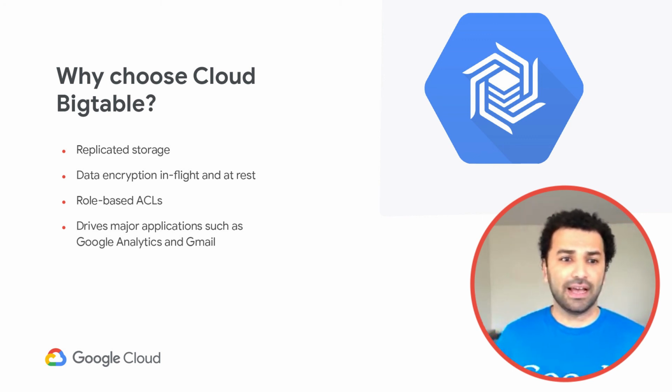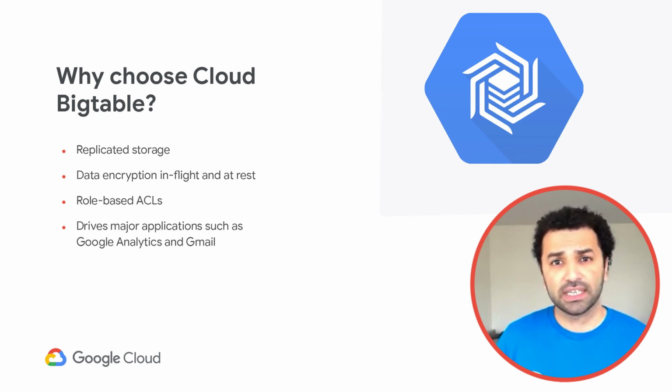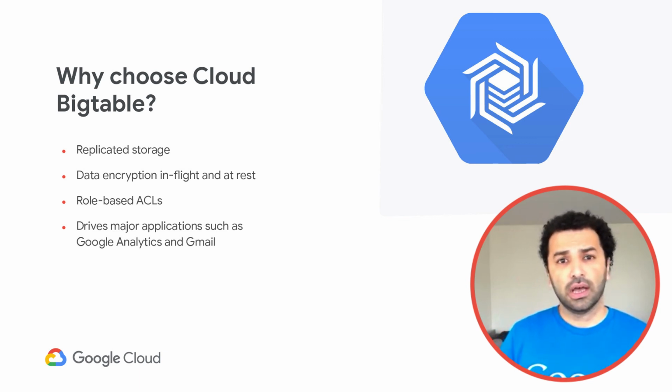Bigtable, as we said earlier, supports the HBase interface, so you can use it at the edge of your data pipeline, and then you can connect it with your stream processing pipeline for your big data needs.